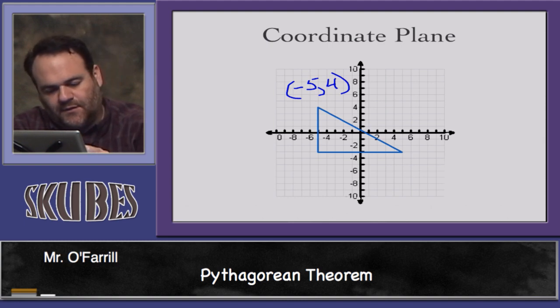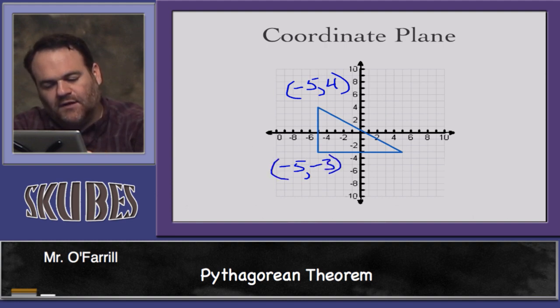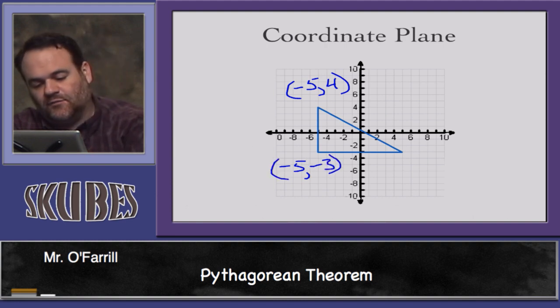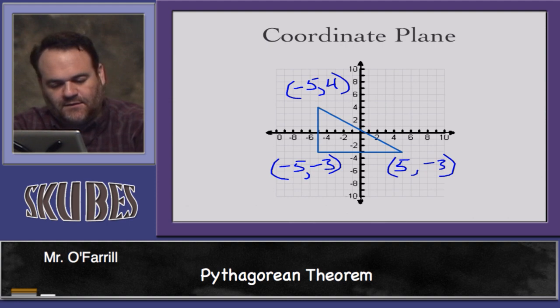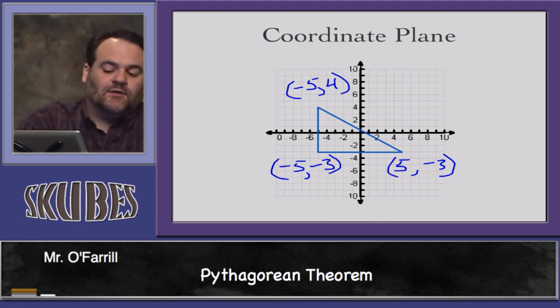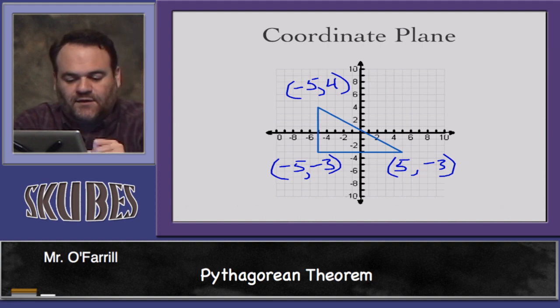This ordered pair here is -5, -3. And finally, this ordered pair is 5, -3. Now, the lengths of the sides is simply the distance between each of these ordered pairs.